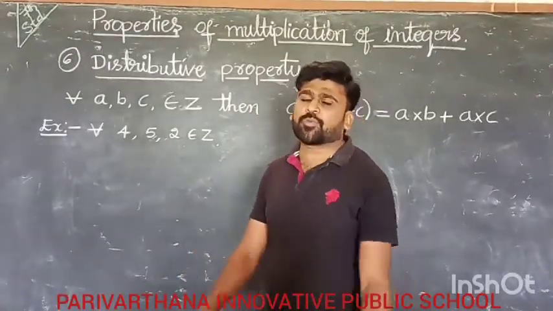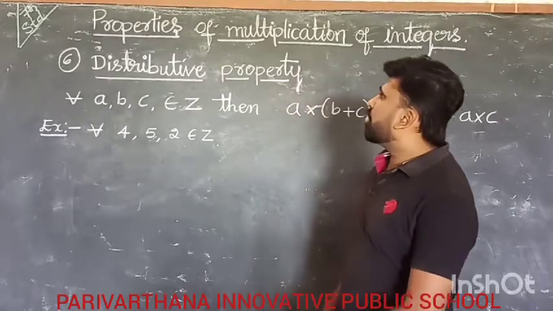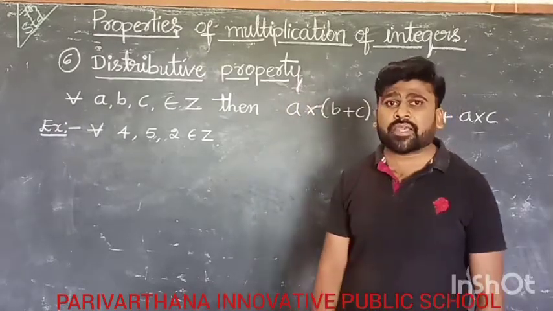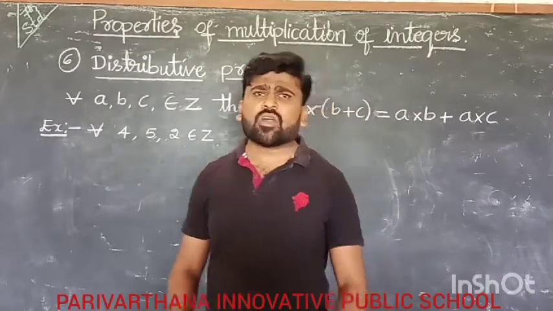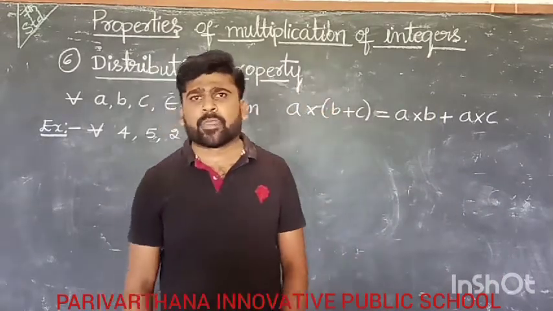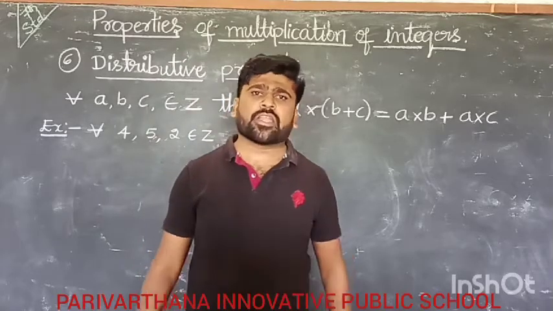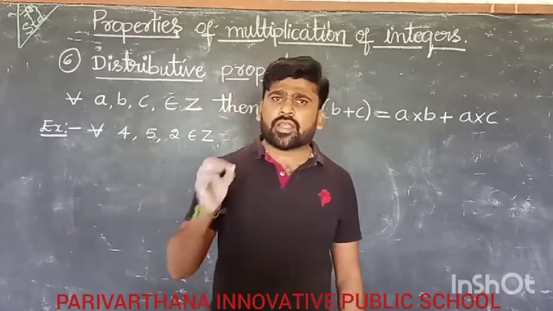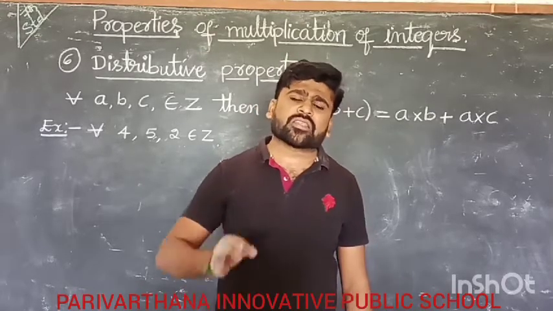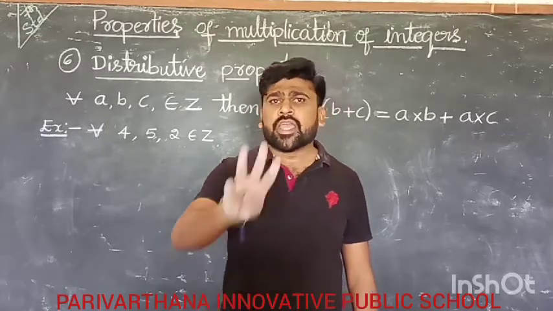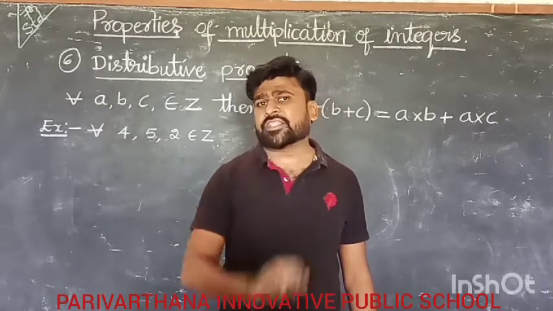Next, the last property regarding the properties of multiplication, that is distributive property. This is one special property. It is only for multiplication. Clear? Regarding the distributive property also, same as associative property, it is also for 3 integers.